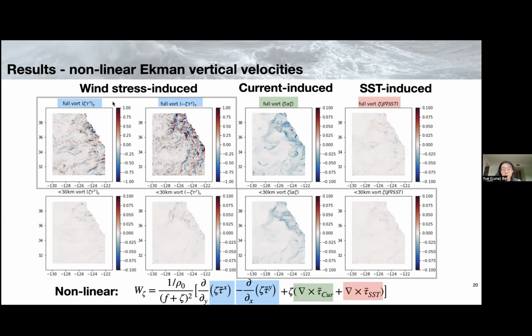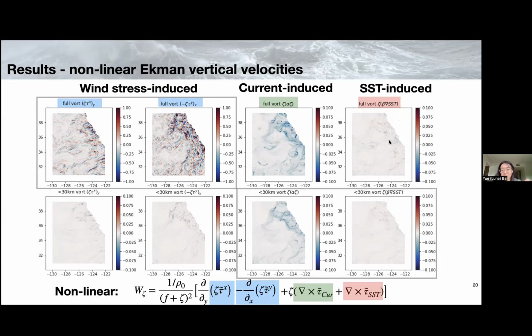Even though they are modified by ocean surface vorticity here, if we take a gradient of those, they are still very strong both along the coast and offshore. And at full scale, current-induced and SST-induced nonlinear Ekman vertical velocities are an order of magnitude smaller compared with the wind stress induced one, especially the SST-induced vertical velocities.